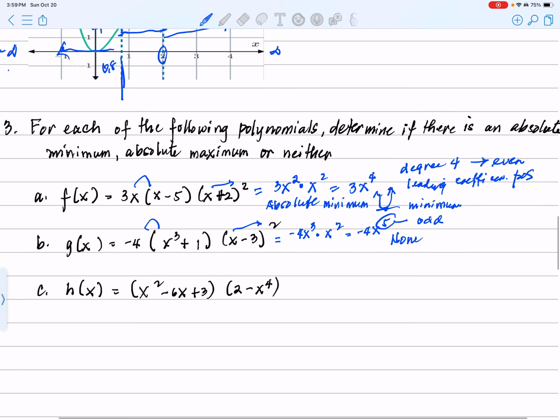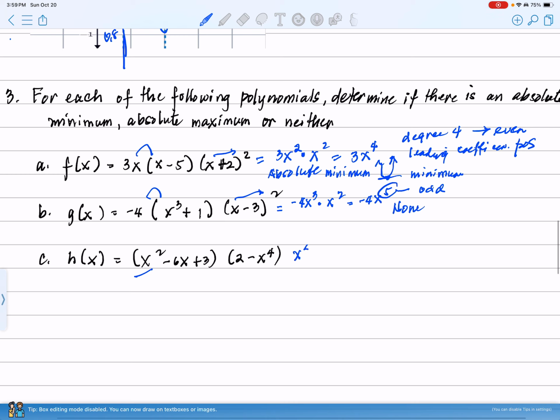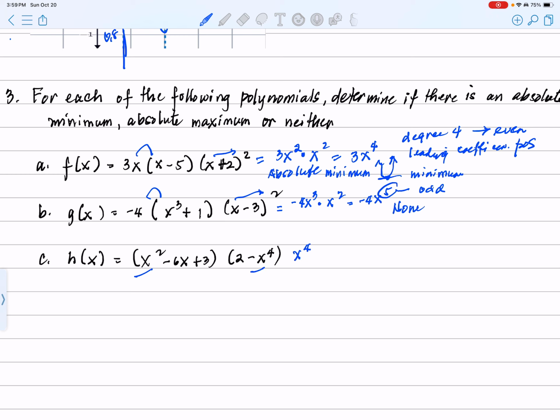H of x is x squared minus 6x squared minus 2x to the fourth. So let's look at this highest degree here. We have x to the fourth and also this one, that's x to the second power. Then negative x to the fourth.